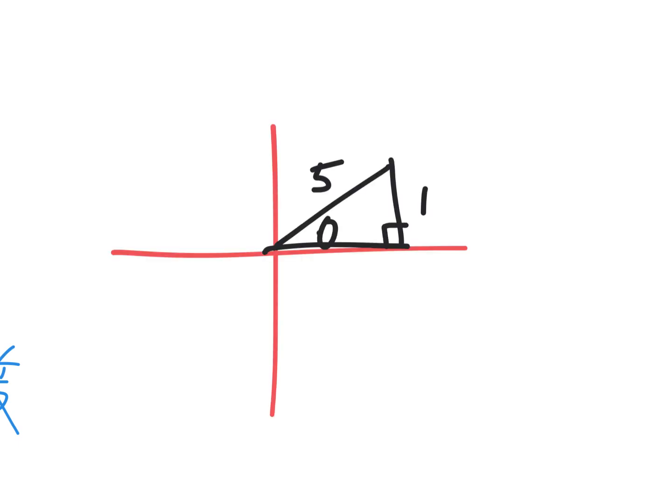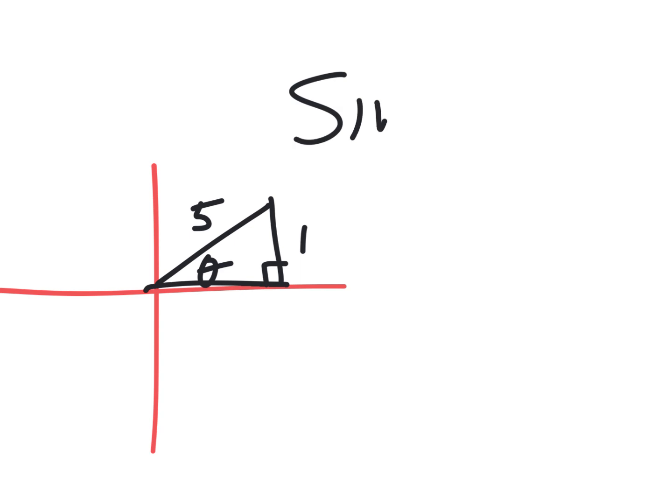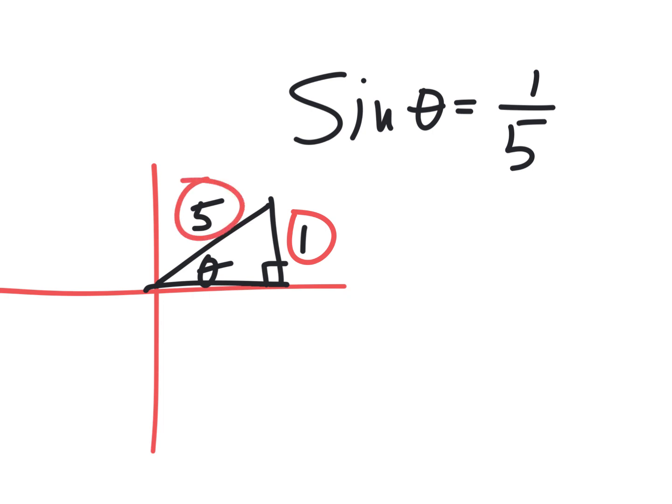And the way we would tell you this would be to say sine of some angle is 1 over 5. Do you get how I gave you the opposite and the hypotenuse? So if I give you a calculator, I could ask you what the angle is. You could do inverse sine and get the angle. But there's no calculators for this quiz, and there's no calculators for this test. Okay? So what would we ask you?